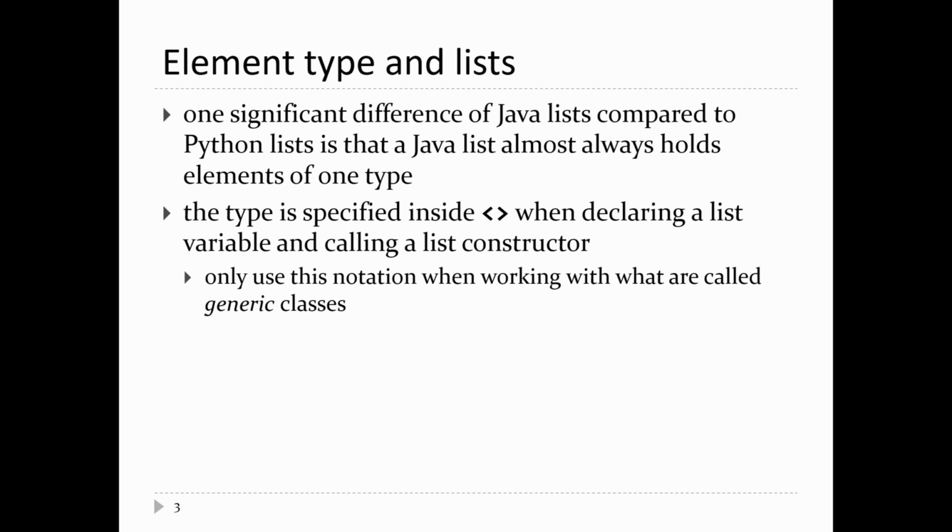There's another big difference between Python lists and Java lists. Remember, in Python, if you make a list, you can stuff whatever you want into it. You put a string in, then you can put a number in, then something else, and so on and so forth. Many Python programmers take advantage of this to create data structures of their own.